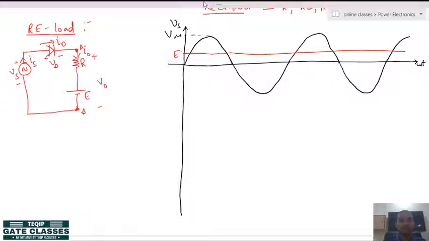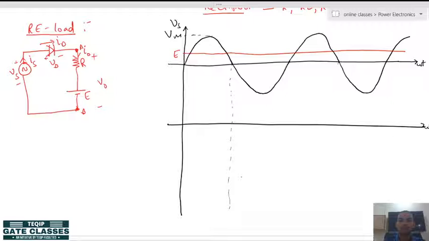Now, again, we are drawing here the output voltage.